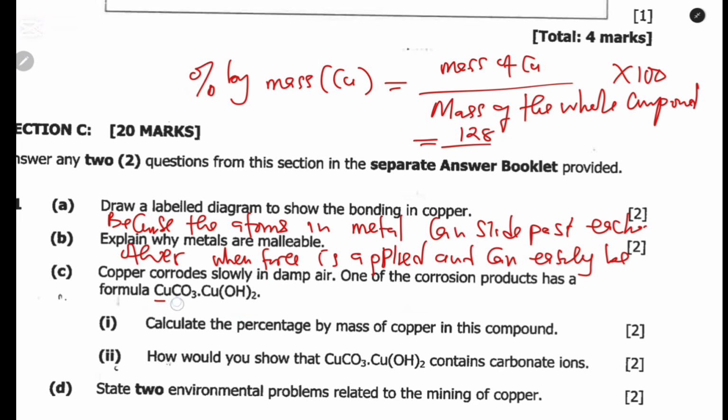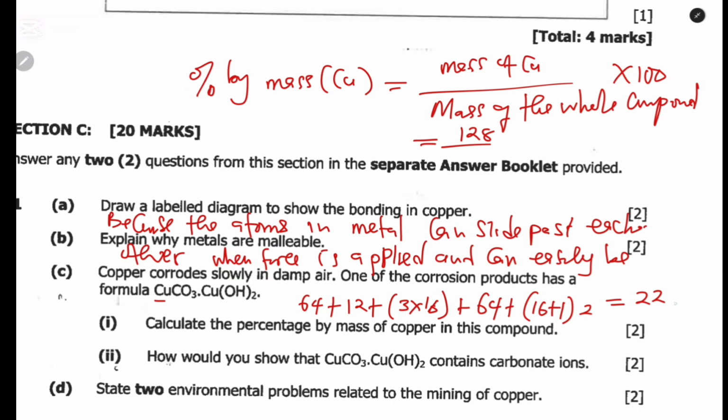You have copper, which is 64, plus carbon is 12, plus oxygen is 3 multiplied by 16, plus we have another copper 64, plus oxygen and hydrogen, which is 16 plus 1, then multiplied by 2. The whole of this is going to give you 220.